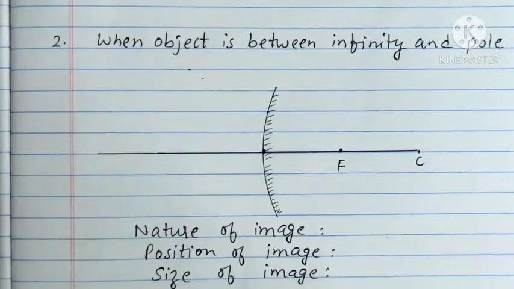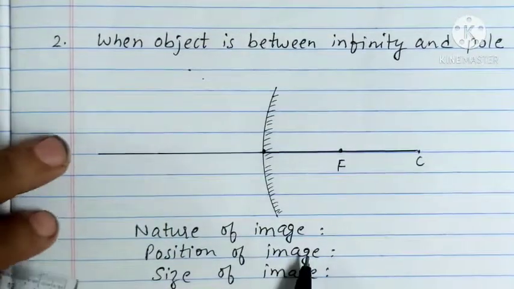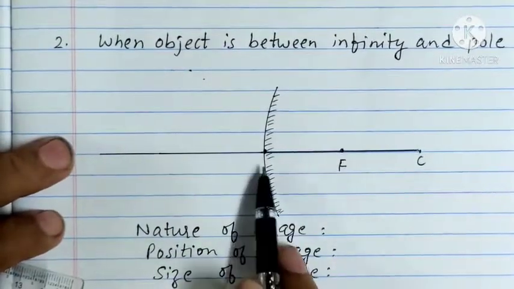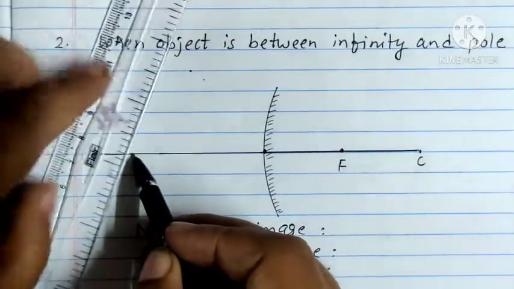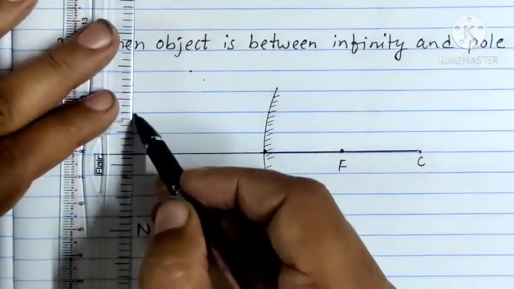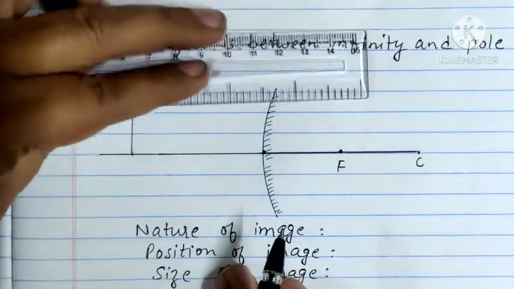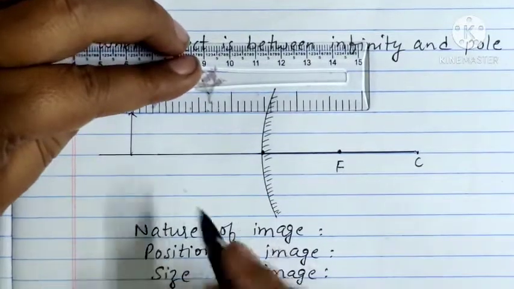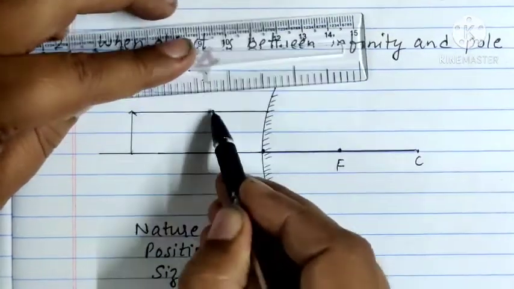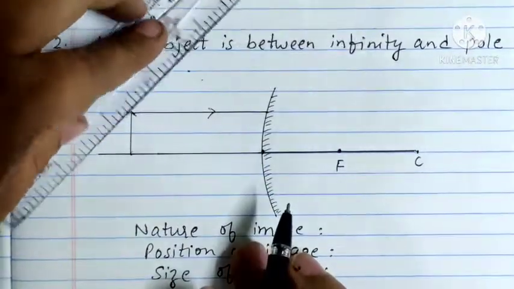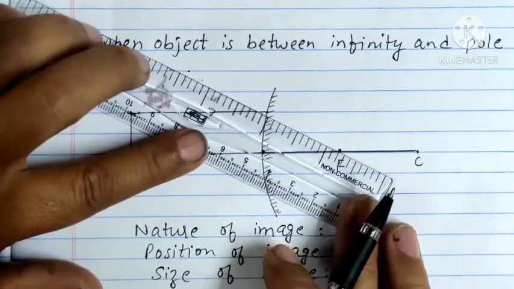Now let us see the second case, when the object is between infinity and pole. In this we can place the object anywhere. We are placing the object here, anywhere between infinity and pole. This is the object. Now the ray of light which is parallel to the principal axis will appear to diverge, and the divergence will take place from the focus.